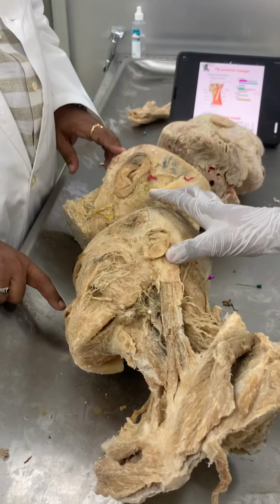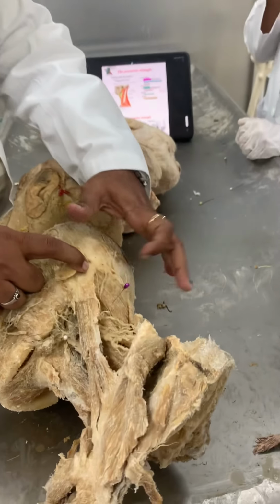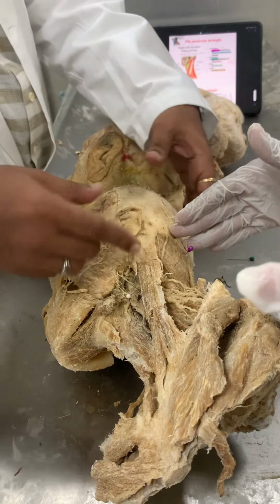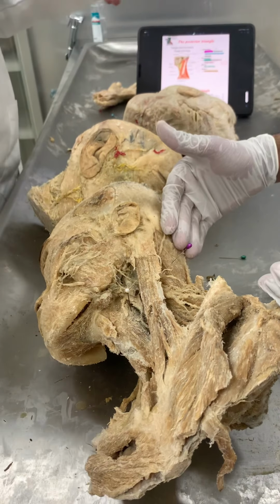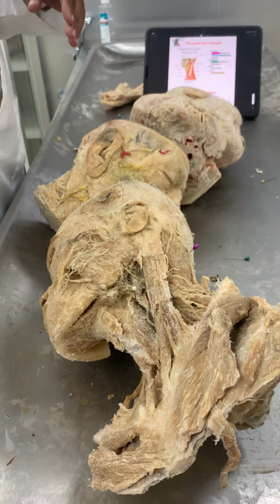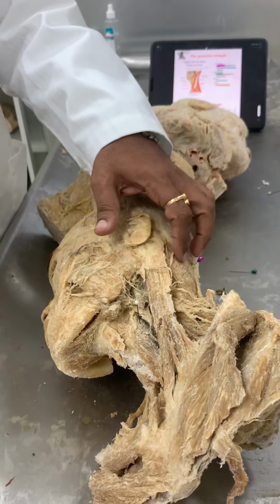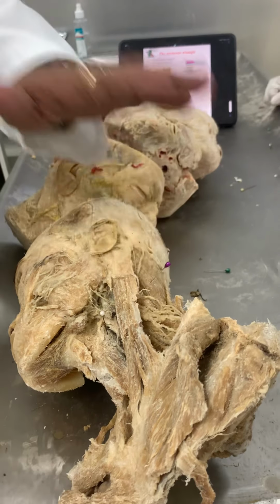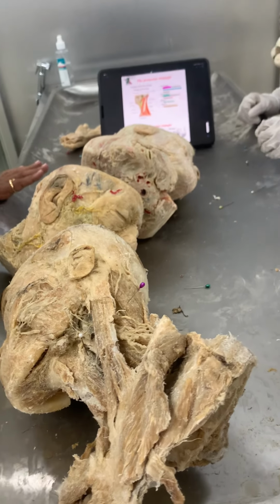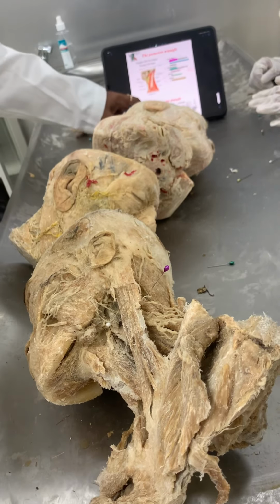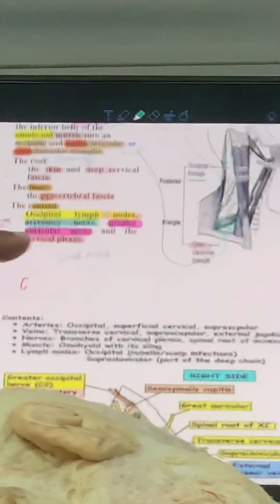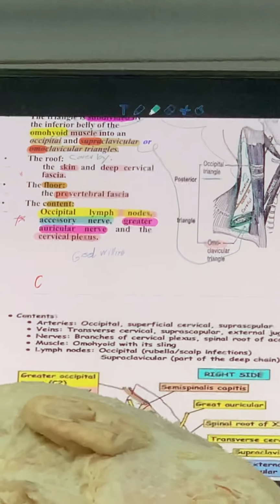Occipital bone is here. This is occipital. Apex. Okay. You got my point? Or the contents of posterior triangle. Extremely interesting. And then, what are the contents of posterior triangle?